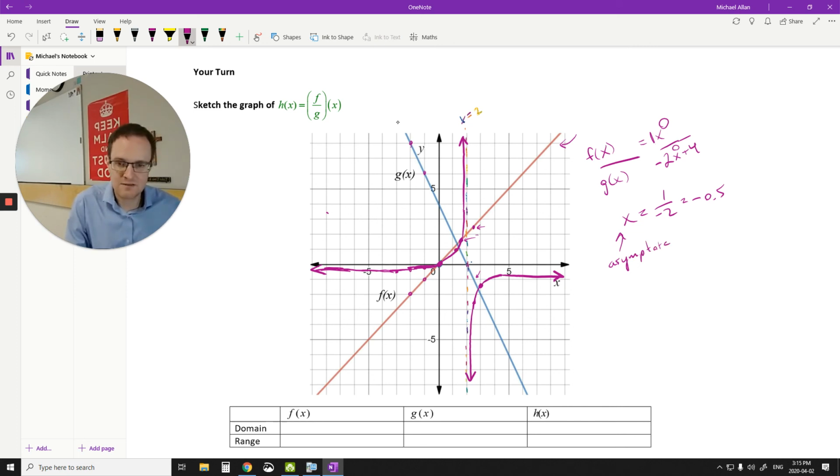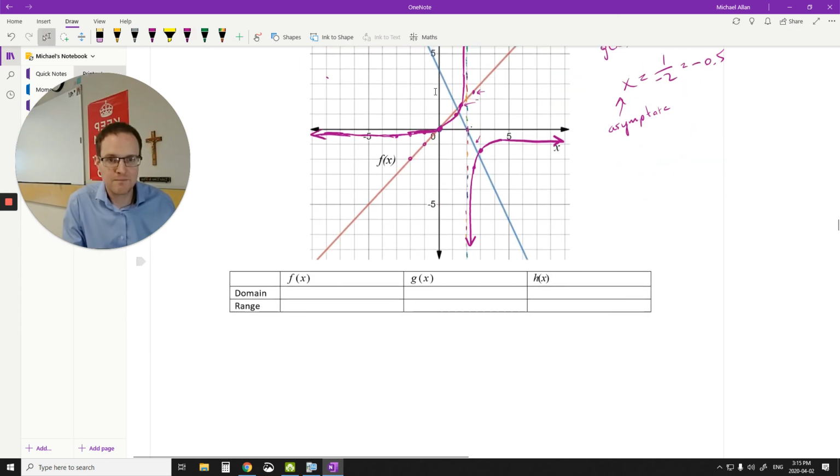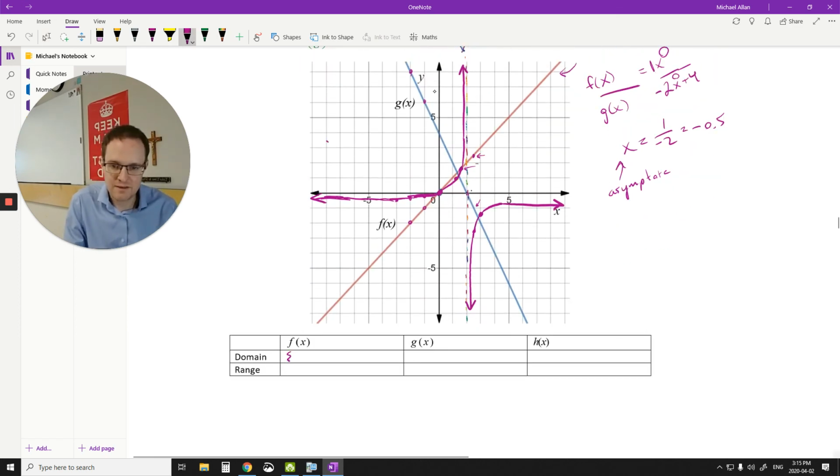So let's go down here and fill out the bottom of this chart. What do we have here? So this is going to be x ∈ ℝ, y ∈ ℝ. This is also a linear line, so x ∈ ℝ, y ∈ ℝ. I don't know if my fan on my computer is actually getting in the way of this, but hopefully you guys can still hear me.